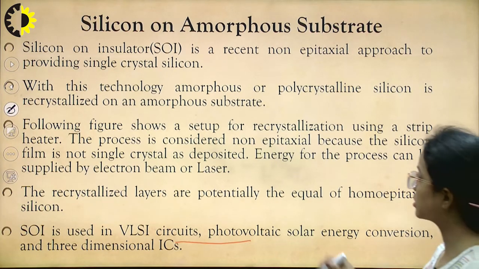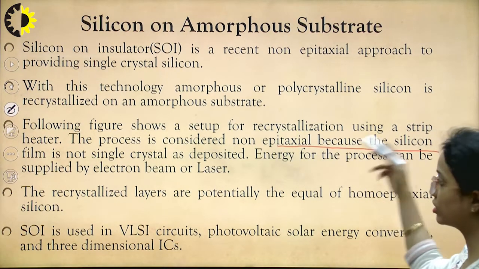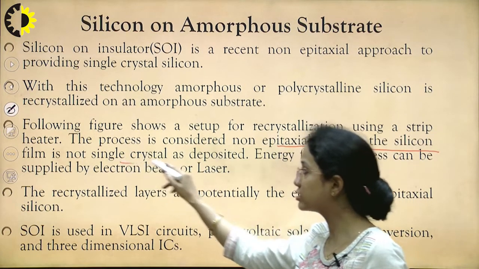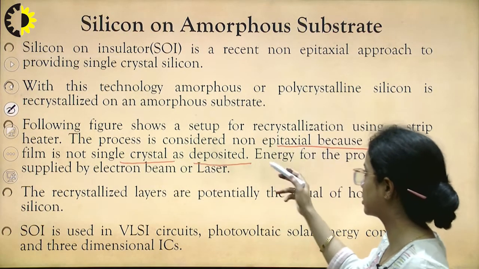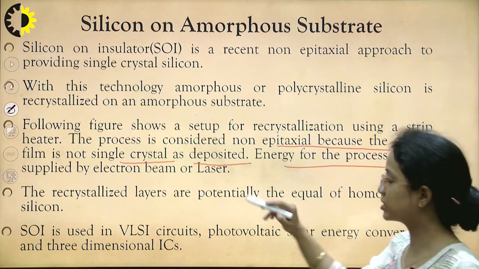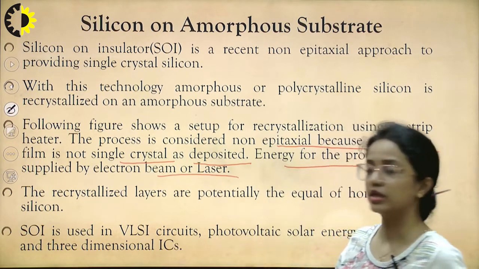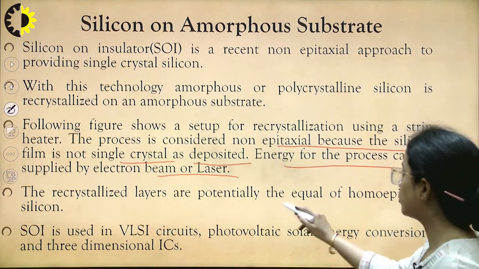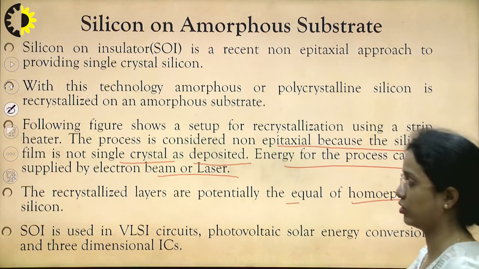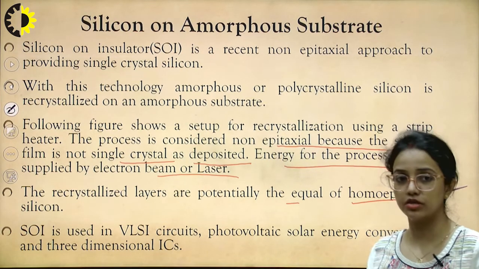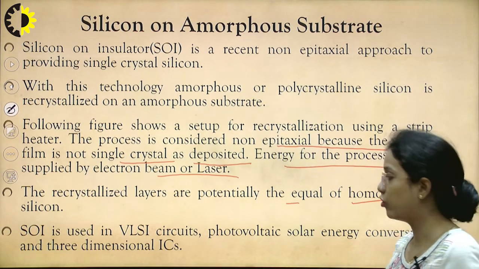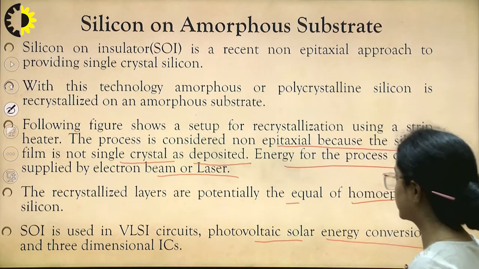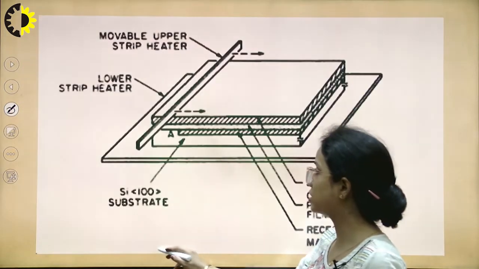The process is considered non-epitaxial because the silicon film here is not a single crystal as deposited. Energy for the process can be supplied by an electron beam or laser. The recrystallized layers are potentially equal to homoepitaxial silicon. Silicon on insulator is used in VLSI, photovoltaic solar cells, and three-dimensional ICs.